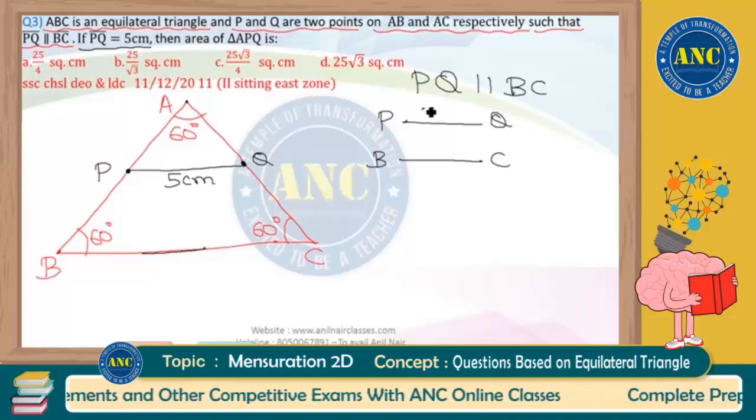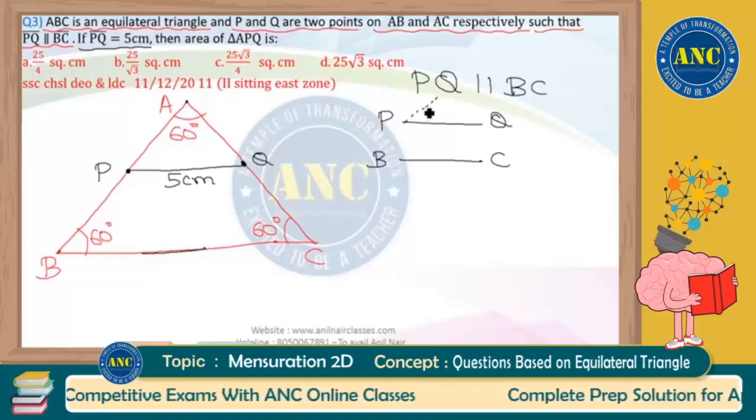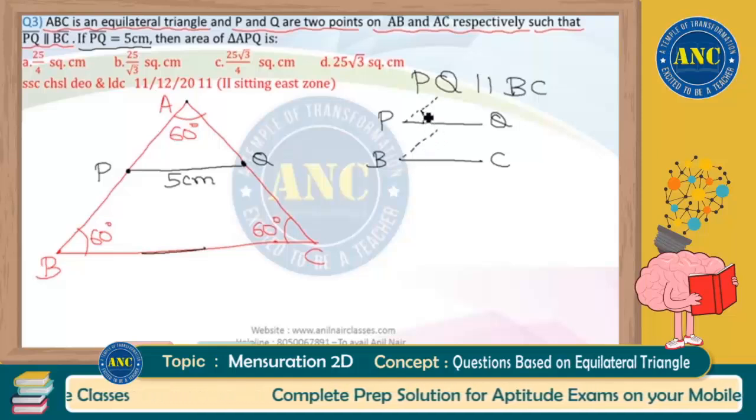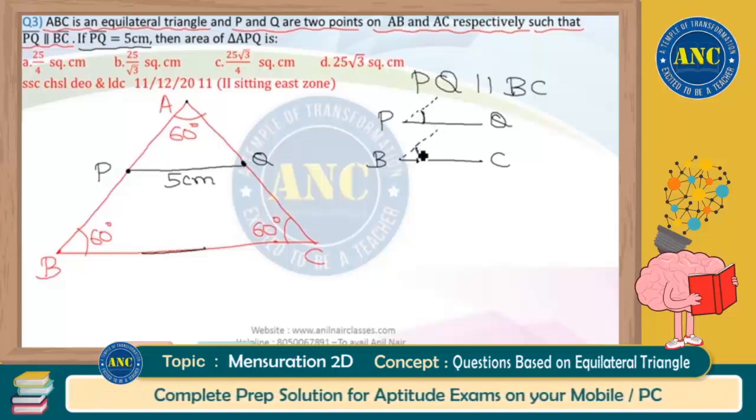Suppose if I draw a line like this, the same line if I put it here also, whatever angle I have here, I will have the same angle here also, right?